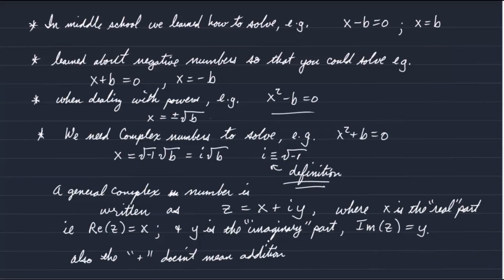Rather, it means that the complex number is a combination of the real and imaginary part.